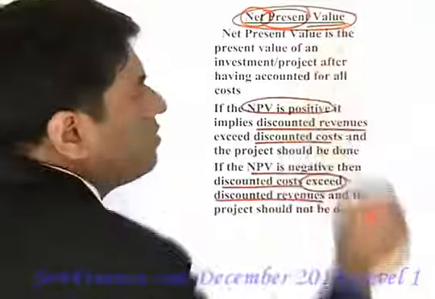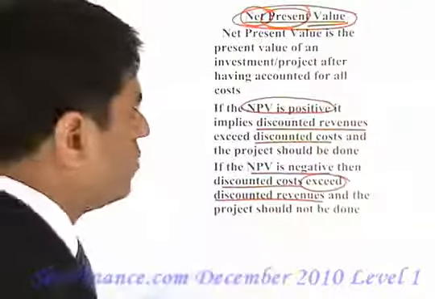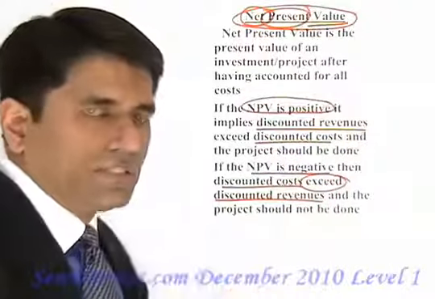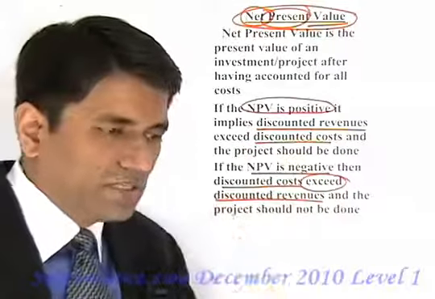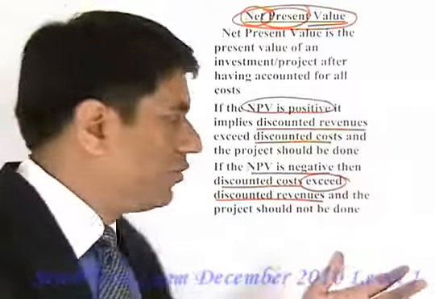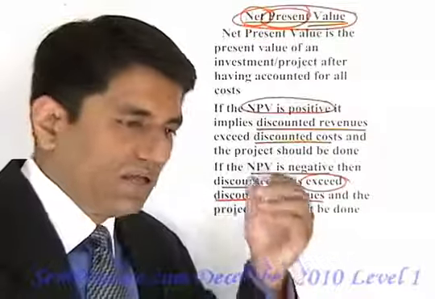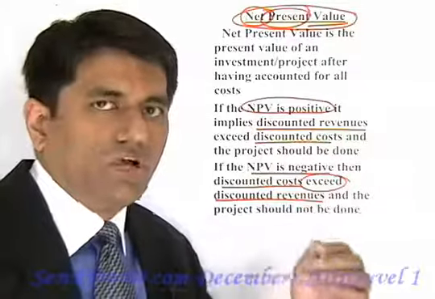So net present value tells you that if it is positive, the present value of discounted revenues exceed the present value of discounted costs, so it is a good project to do. If it is negative, discounted costs exceed discounted revenues, so you should not do that project.